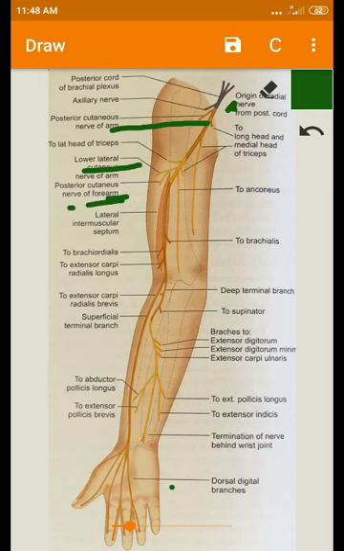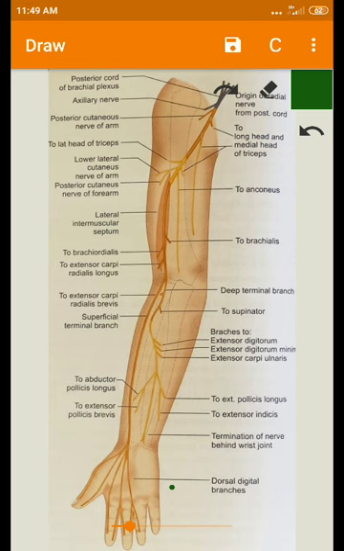So two posterior cutaneous nerves and one lateral cutaneous nerve. These are the cutaneous branches which are arising in the arm.